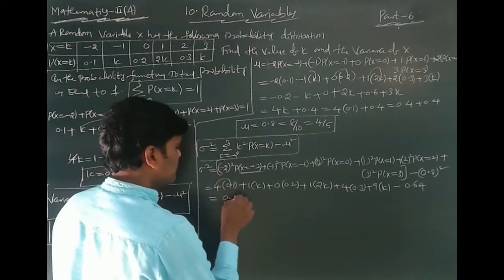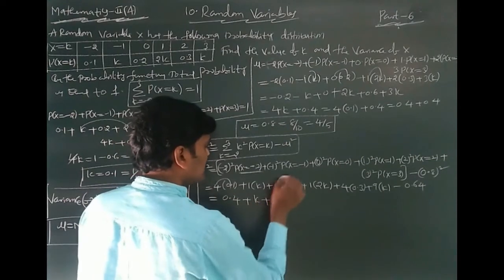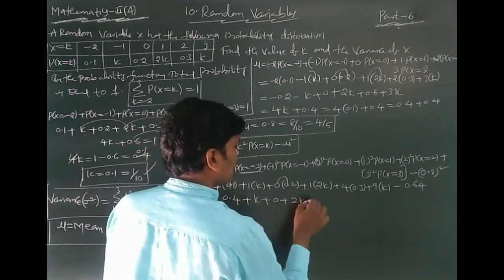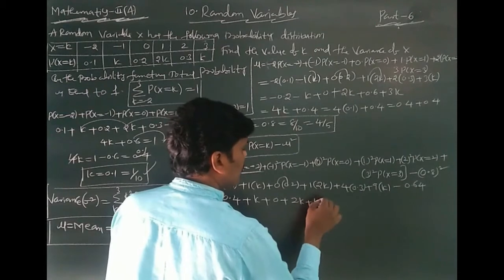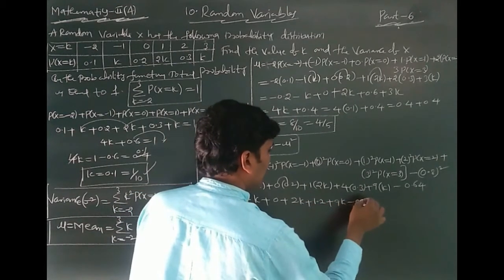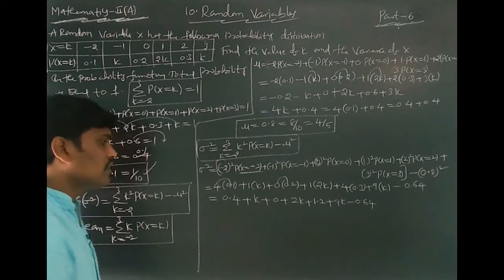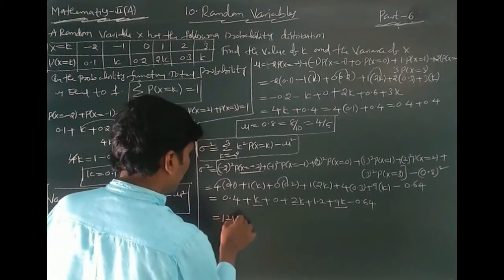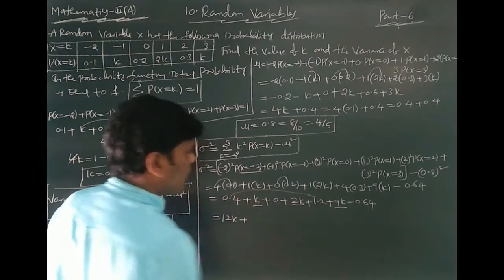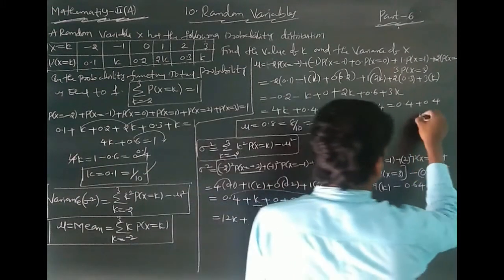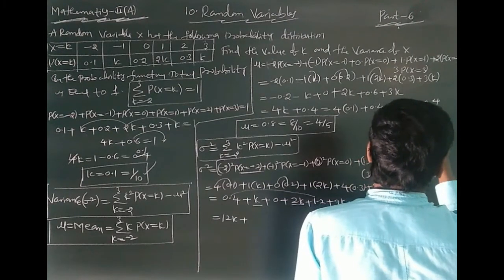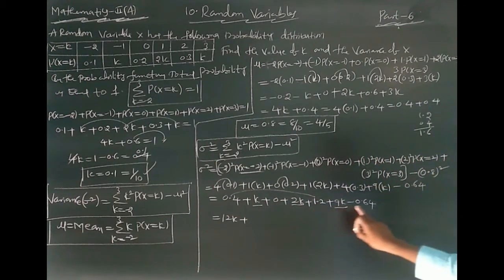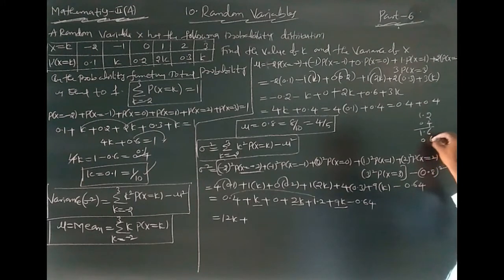Multiply 0.4, k, 0, 2k, 0.3 into 4, 1.2, plus 9k, minus 0.64. After that we can write k plus 2k, 3k, plus 9, 12k. 0.4, 1.2, 0.4, you get 1.6. 1.6 minus 0.64, you get 0.96.